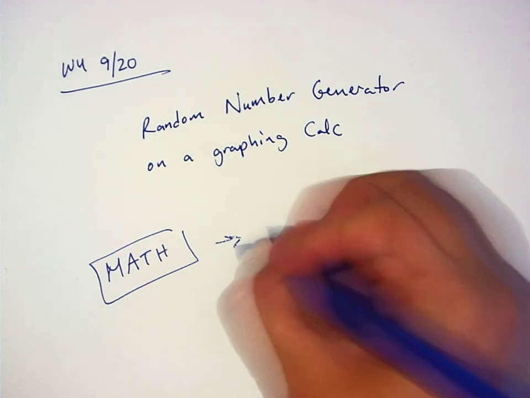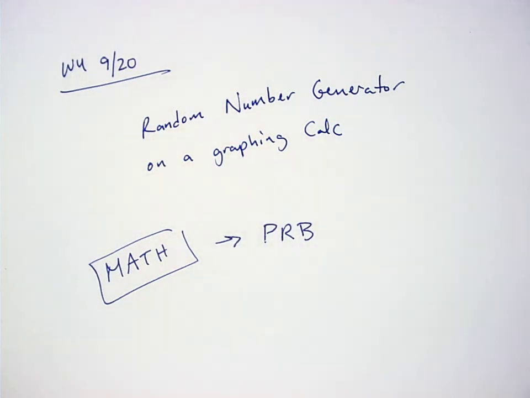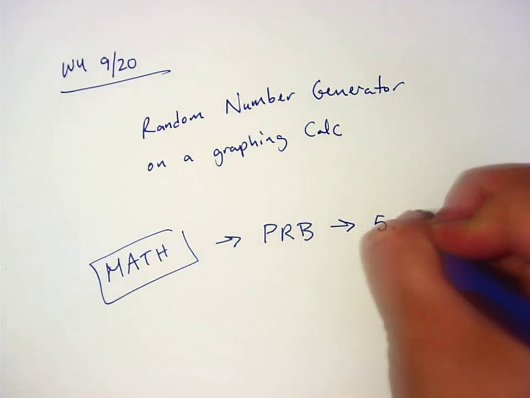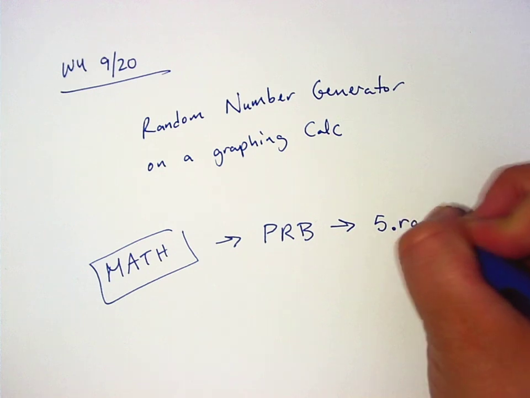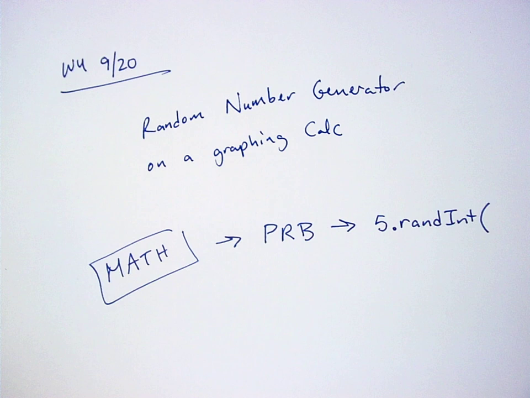And then you're going to go over to PRB, which stands for what? Probability. You can just use the arrow keys to go over there. You're going to pick option number 5, which is random integer. Hit enter.